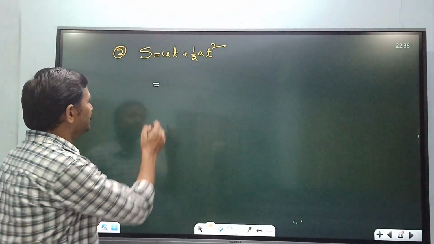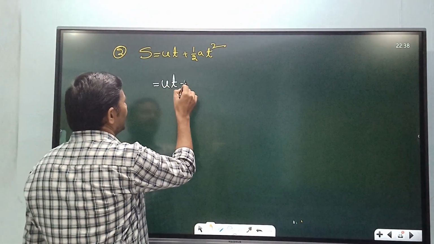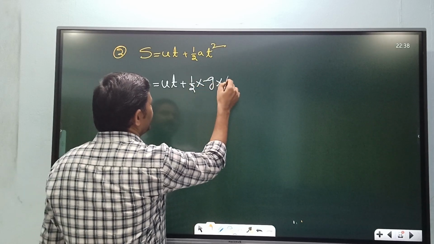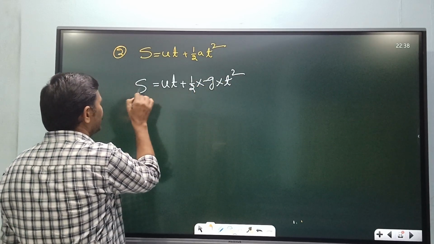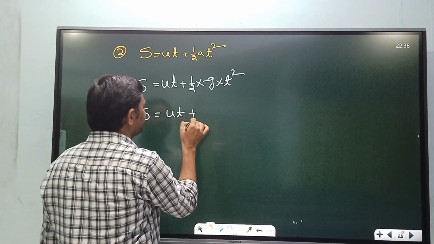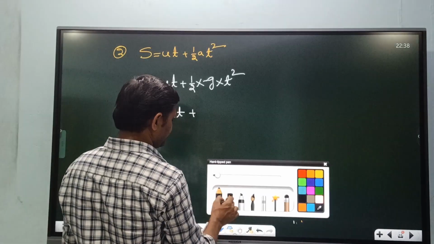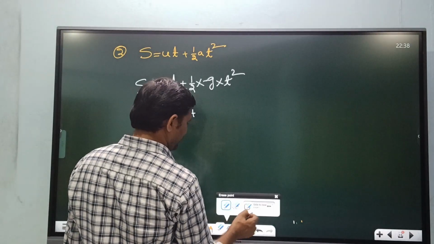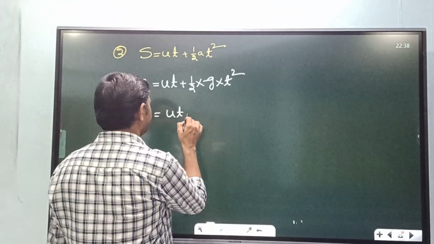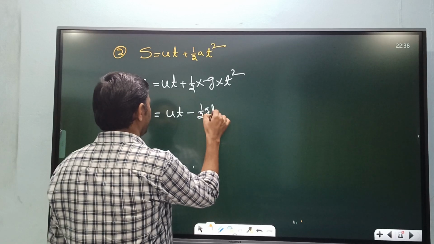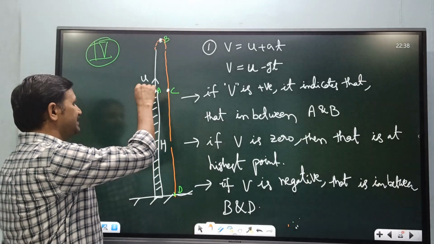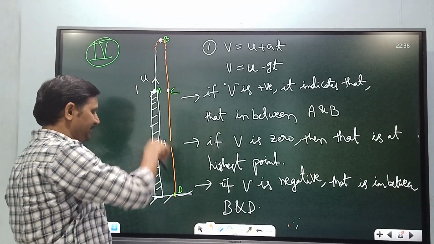So u into t plus half into a, which is minus g, into t square. So S is equal to ut minus half gt square. This is the displacement of the body after some time t.